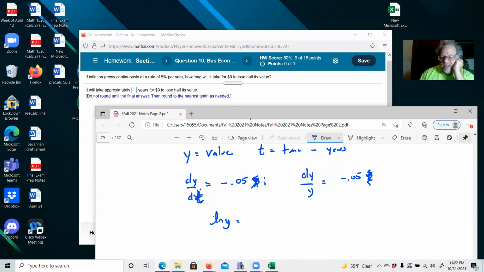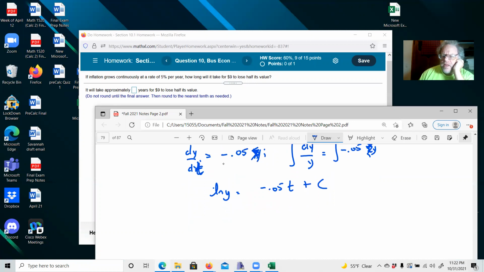So when I integrate both sides, we have negative 0.05 t, plus some constant.